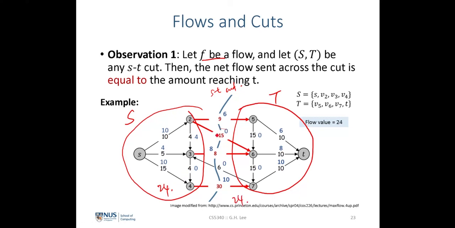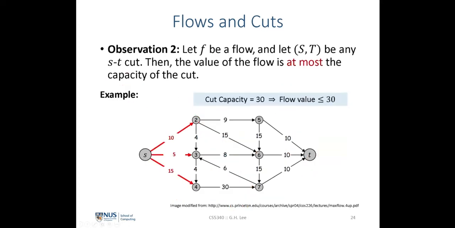So we can verify this easily by looking at the total flow that is sent across from S to T, which is 6 plus 8 plus 10, and that equals 24. And we can also see that this flow of 24 had better also go to the sink following the flow conservation property that we have seen earlier. We can also verify this: 6 plus 8 plus 10 is also equal to 24.